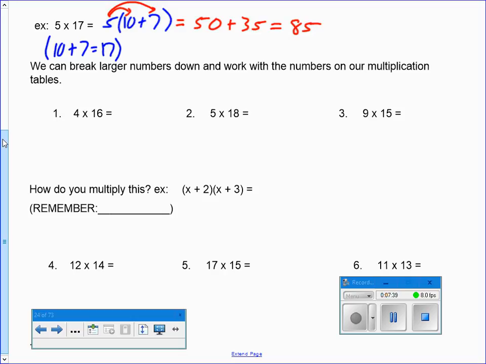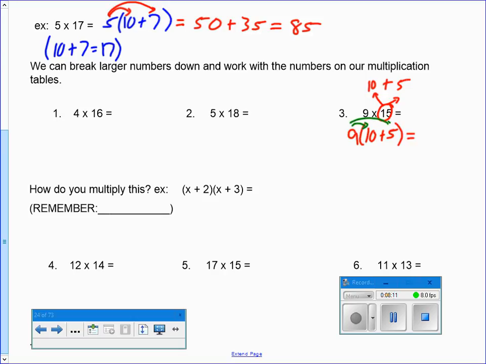Alright, so we'll go through one more example together and the other two I'd like for you to try on your own, to get some practice with this. So 9 times 15. What we're going to try and do is take this number and break it down into two numbers that are easier to work with. Whatever two numbers you think are easiest to work with, use those. If I'm seeing 15, I'm probably going to break this down into a 10 and a 5. So again, we're multiplying through, we're distributing.